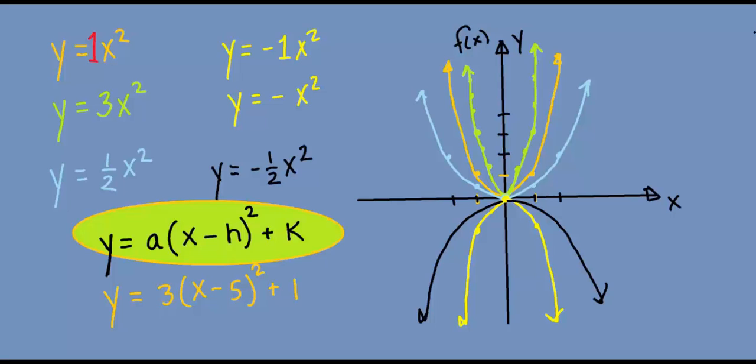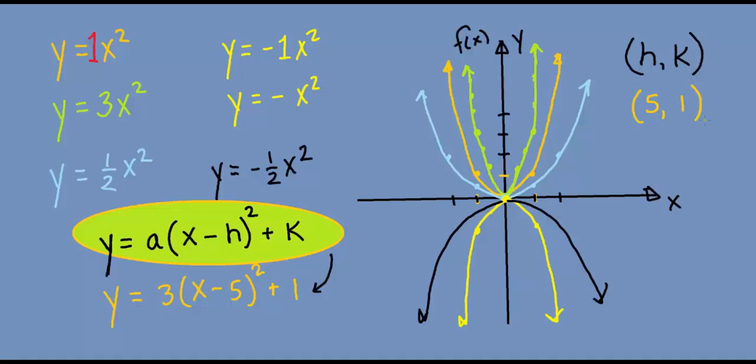If you can get a parabola or a quadratic looking like that, and here's an example, you can read off the vertex and you can know how narrow it is, and you can know whether it's facing up or down. So the vertex is going to be h, k. So in the example I gave below that, the vertex is going to be 5, 1.